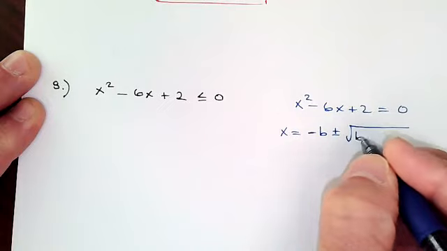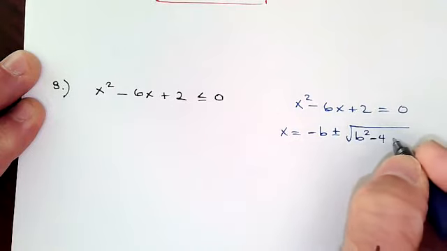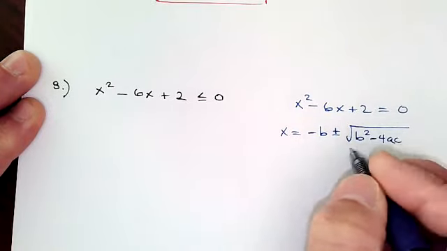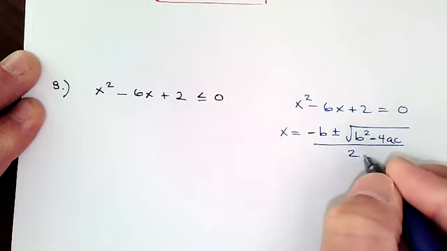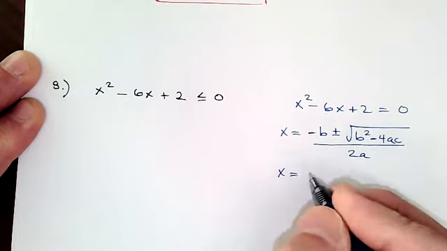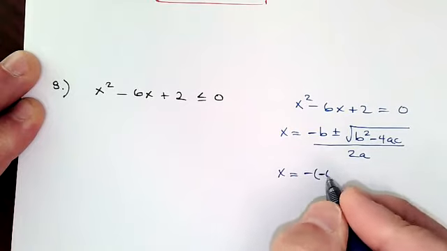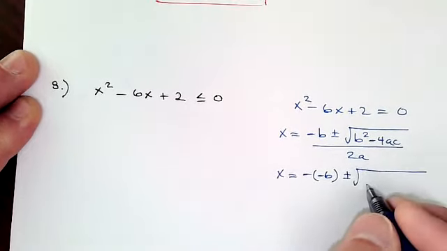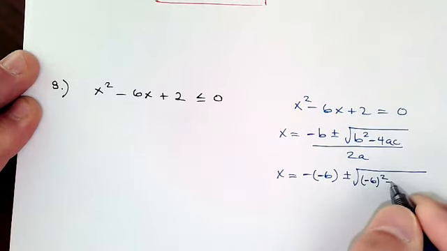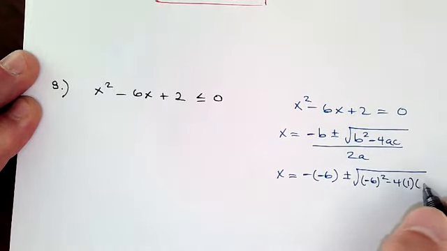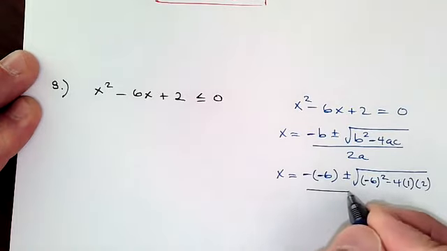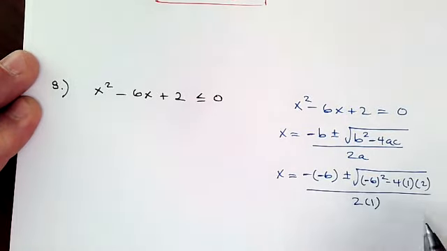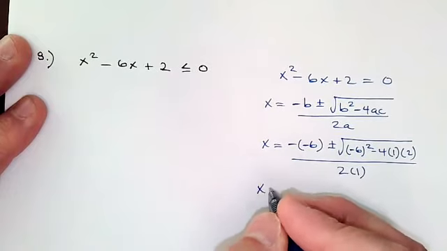-b plus or minus the square root of b squared minus 4ac, all divided by 2a. So I would have negative of -6 plus or minus the square root of -6 squared minus 4 times 1 times 2, over 2 times 1.